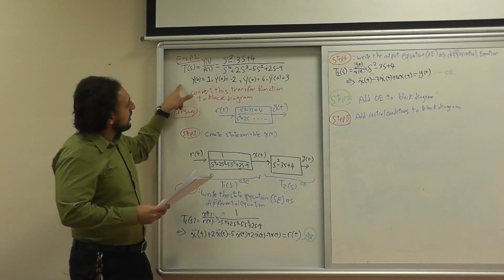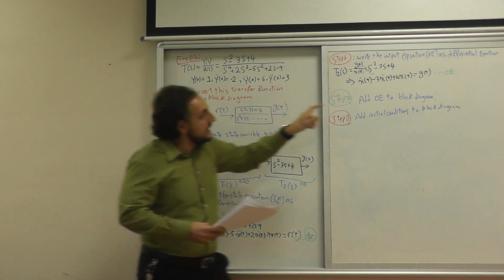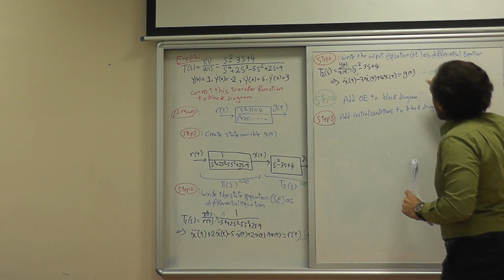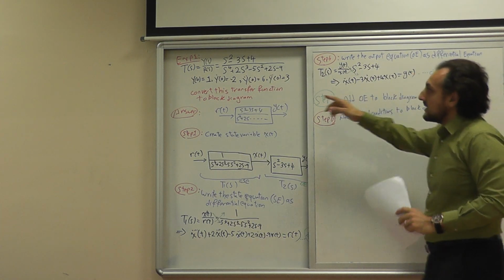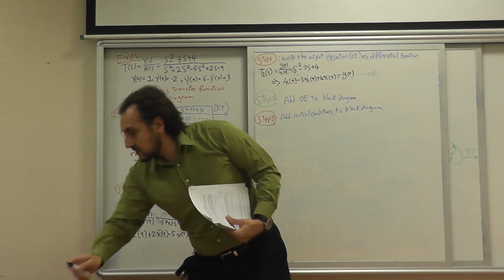So look, all of them are from the output equation. So it means I should use this equation, right? But this equation is yt. I need to go for y0. It's very easy. Let's go step by step.